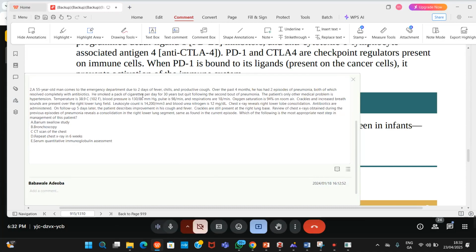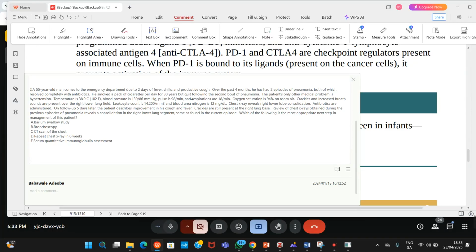A 55-year-old man comes to the emergency department due to a 2-day history of fever, chills, and productive cough. Over the past 4 months, he had 2 episodes of pneumonia, both of which resolved completely with antibiotics. He smoked a pack of cigarettes per day for 30 years but quit following the second bout of pneumonia.